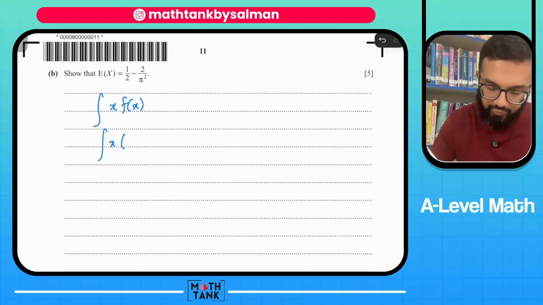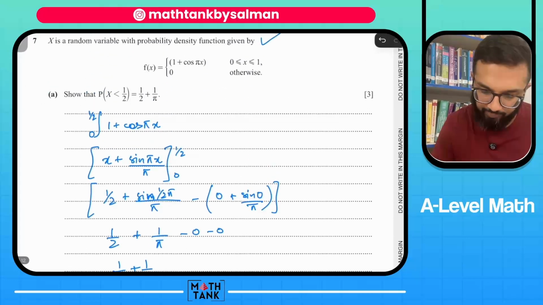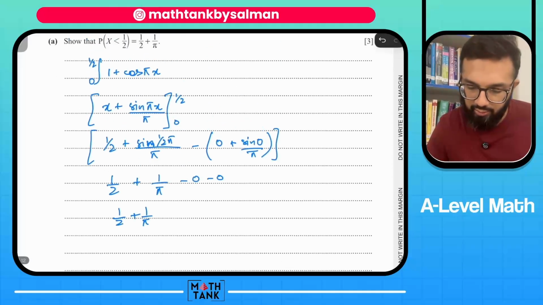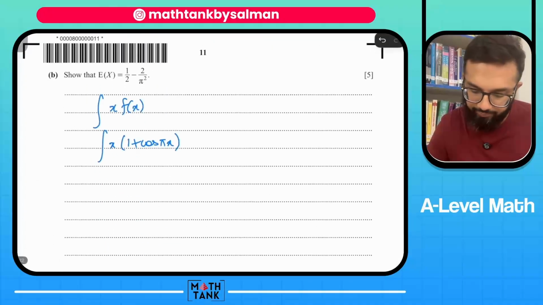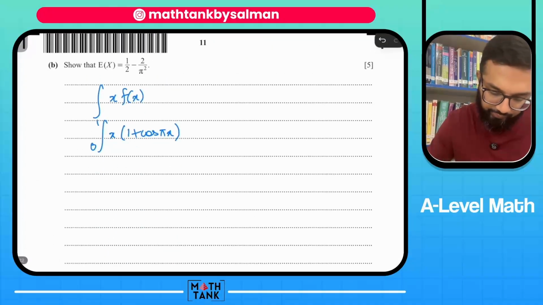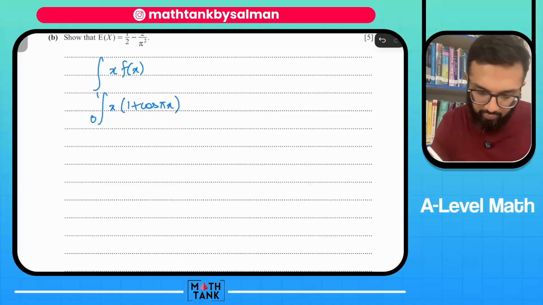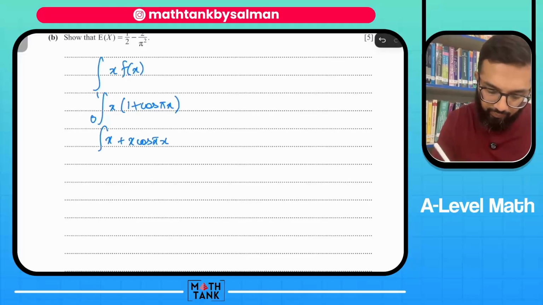So x into 1 plus cos pi x, and I integrate over the entire limit 0 to 1. So x plus x cos pi x. X squared over 2. And then isolate for this one.